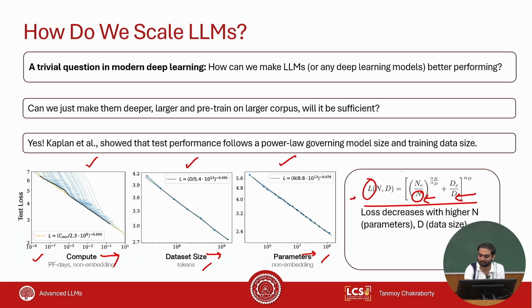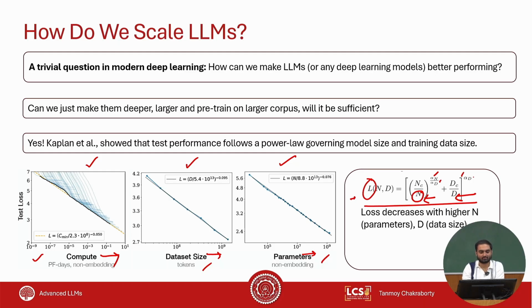If you increase the size of the data set, loss will decrease, right? And these are some of the coefficients that you need to set for a specific model. So what they did, they trained models with different parameters, different data sets, and they basically tried to fit the data points using this power law, and they showed the relation between L and N, and L and D, right?